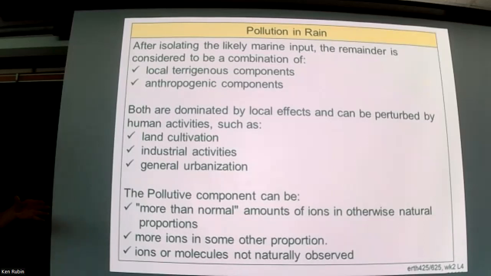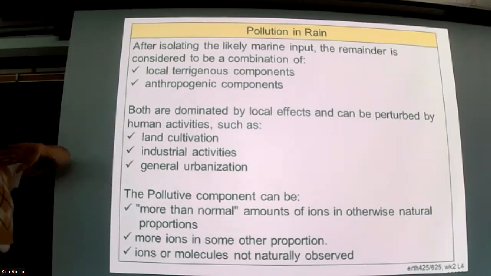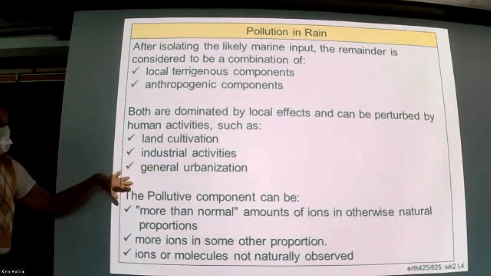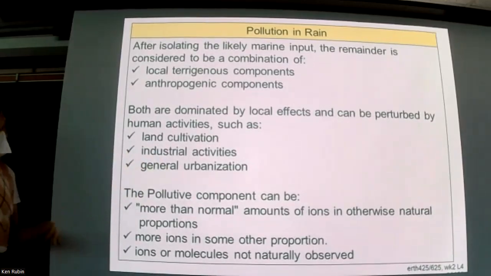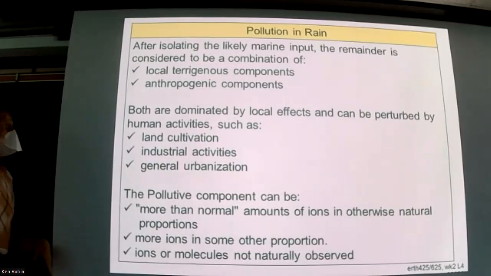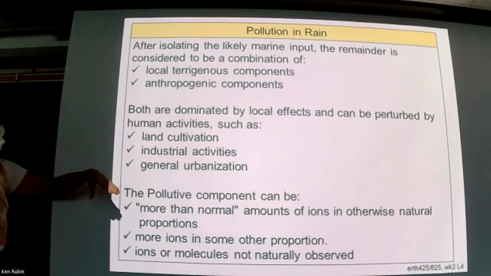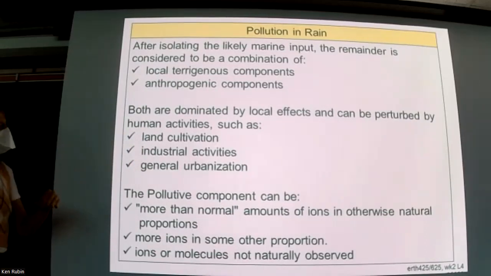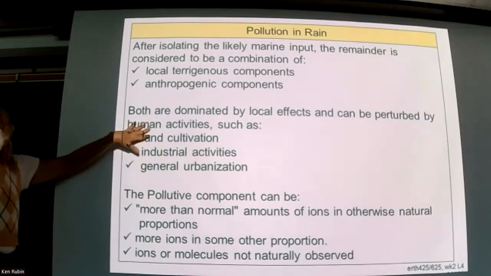So we get different kinds of particles in agricultural environments, industrial environments, and places with general urbanization. And we can sometimes see this in the rain composition. Again, in a place like this, where these processes are relatively low compared to other places, and where we get a fair amount of rain, they're mostly muted. It's hard to detect them.